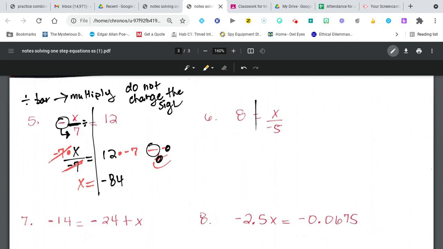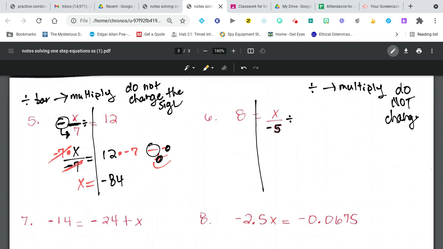Okay, let's take a look at 6. 6 is written fine because I have division, and this negative is with my number. On number 5, the negative was with my bar, so I rewrote it with my number. So if I have division, I need to do the inverse or opposite, which is to multiply. But on multiplication or division, do not change the sign. Only change the sign if it's not attached.